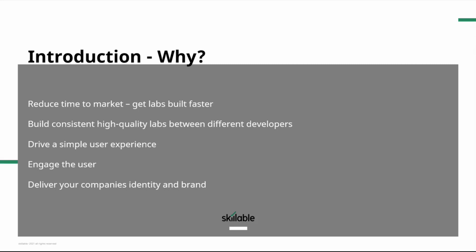Well, when you're writing labs on the Skillable platform, chances are no one's then really sanitizing the formatting and the presentation. You might have someone who does a bit of QA to make sure you've got instructions that make sense. But what we want is to take that high quality as an organization and make it consistent regardless of who's developing the content.